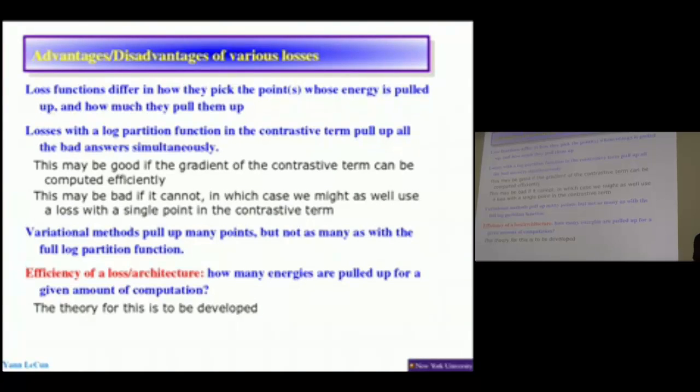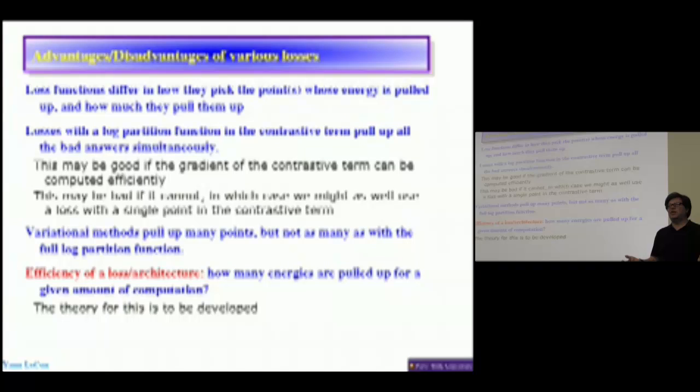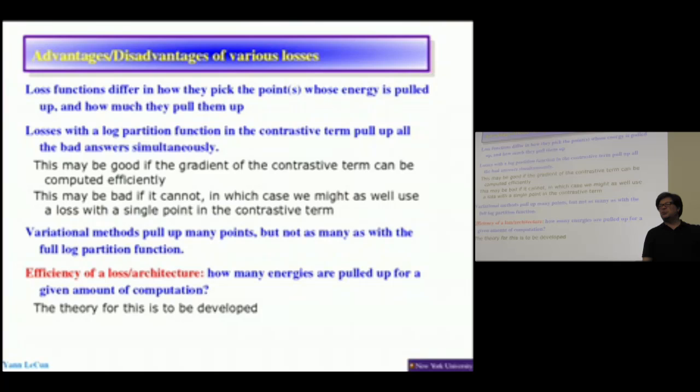There are going to be a lot of versions of this, particularly for unsupervised learning, where it's very difficult to figure out how to pick, say, a most offending incorrect answer, or how to make a sum over all y's, because y may be a very high dimensional space. And this is where unsupervised learning becomes complicated.